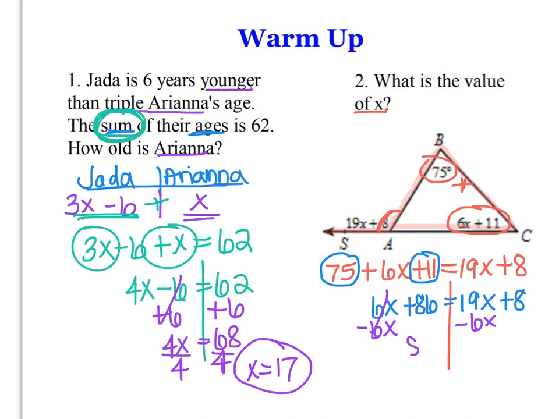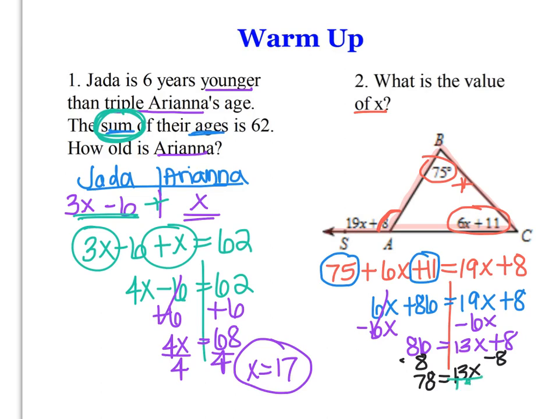That cancels out, and I'm left with 86 equals 19 minus 6, which is 13x, plus 8. Subtract 8 on both sides to get x by itself, and I'm left with 78 equals 13x.